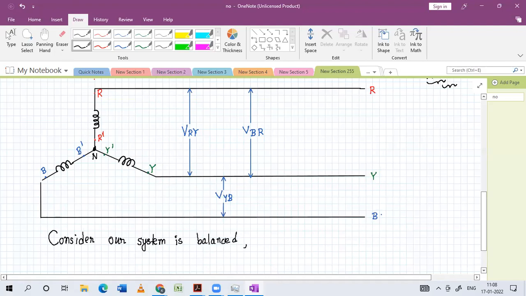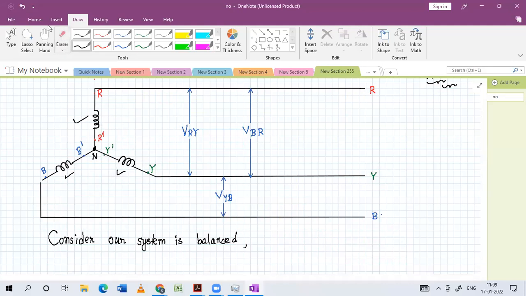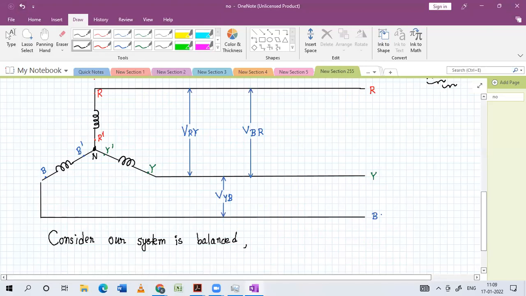It means whatever the number of turns in the winding of the R phase, the same number of turns is in the winding of the Y phase and the same number of turns in the B phase. The material is also the same, and they are rotating in the same magnetic field. So the voltage produced by all these phases will remain the same. That is called a balanced system.